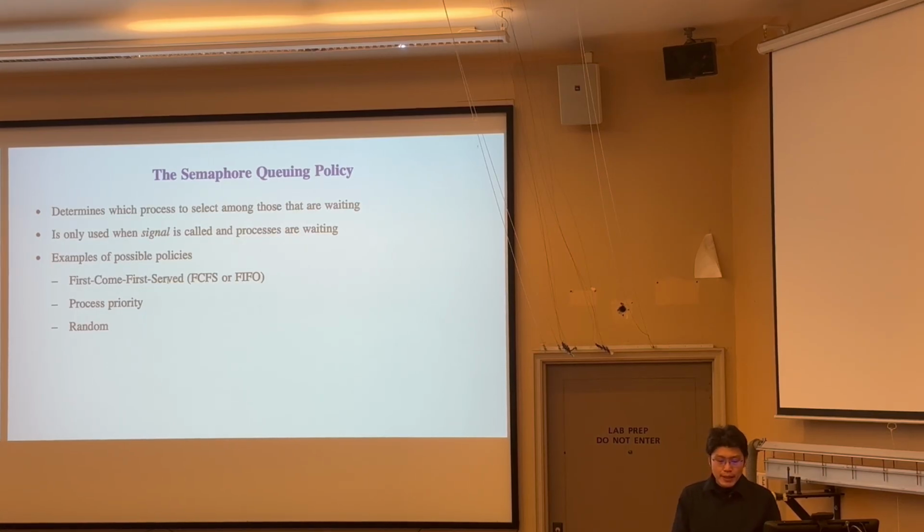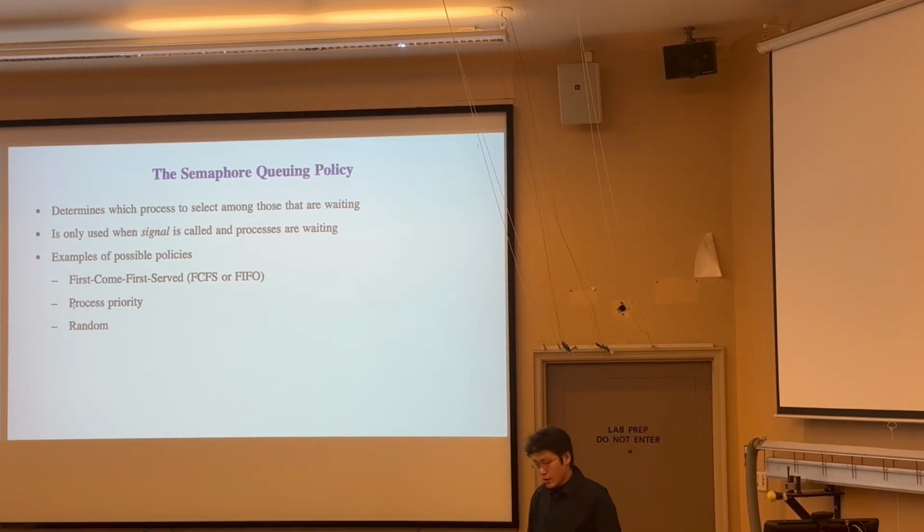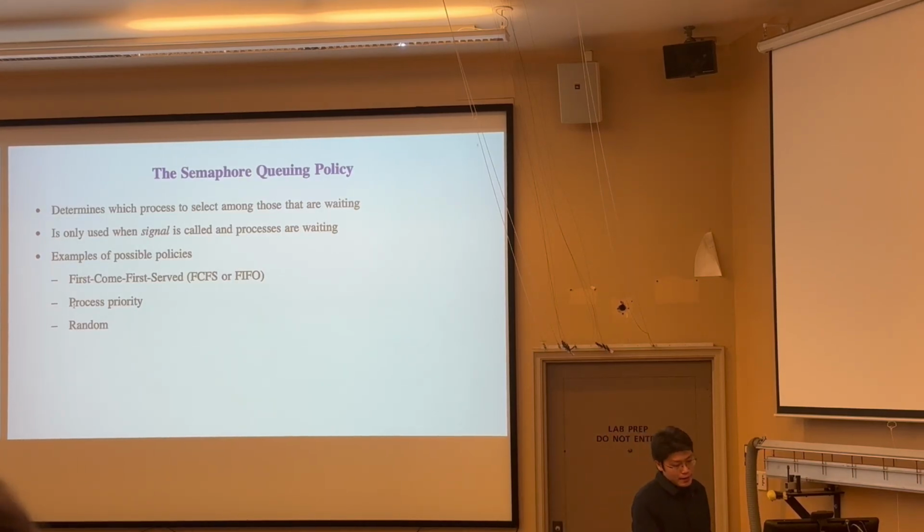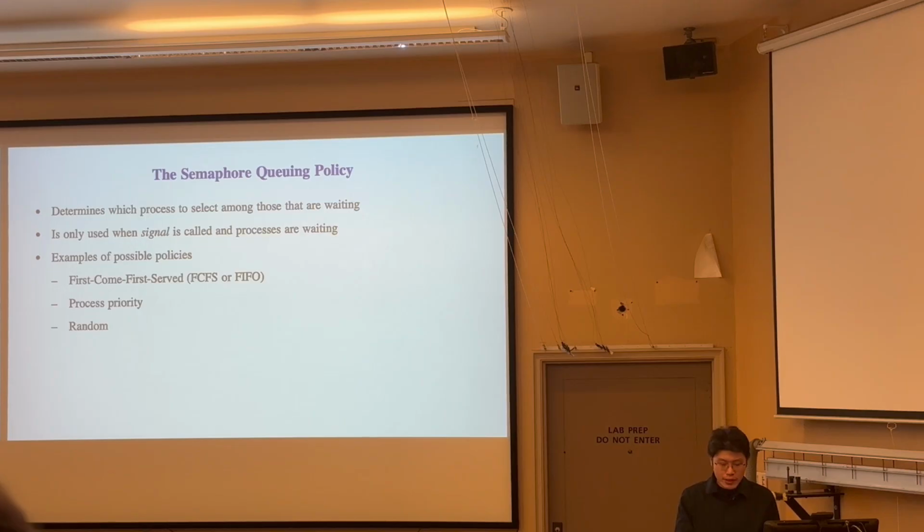But you can have other possible policies. Similar to the ready queue, you can order the processes blocked on each semaphore using their priorities. You can do first in first out, or you can do random. Right? You can order them in a random order.